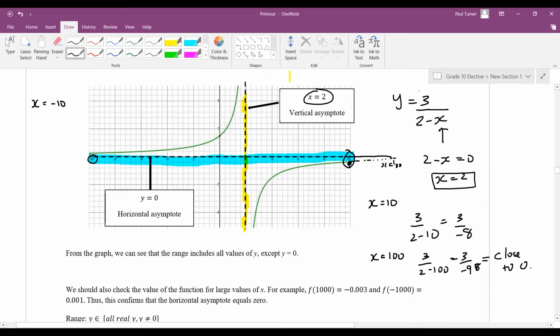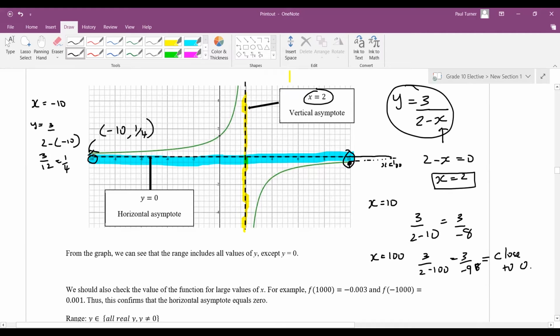So you put minus 10 into your function, what do you get? 3 on 2 minus negative 10 is 3 on 12, a quarter. So a quarter is about here, there. So that point there is minus 10, a quarter. So it's a small number, but it's above the axis. So I've got another point here.